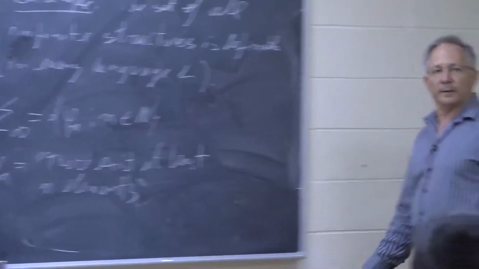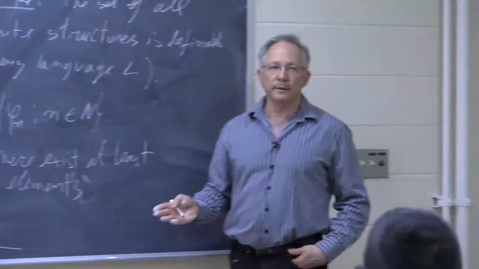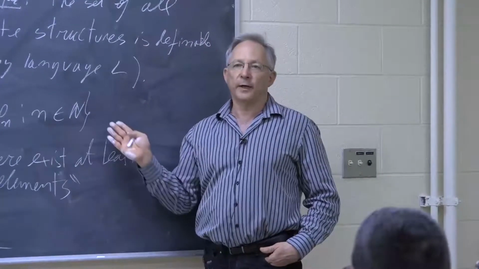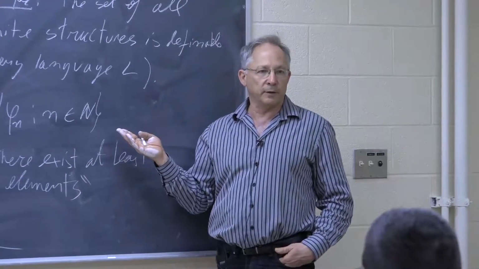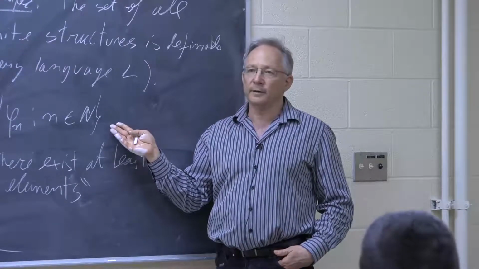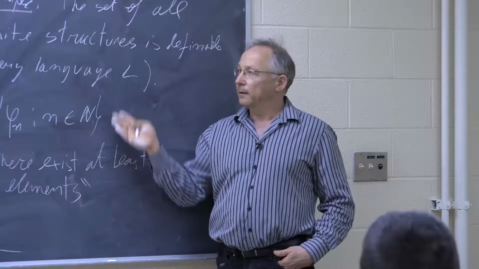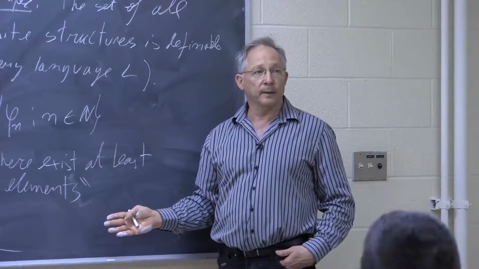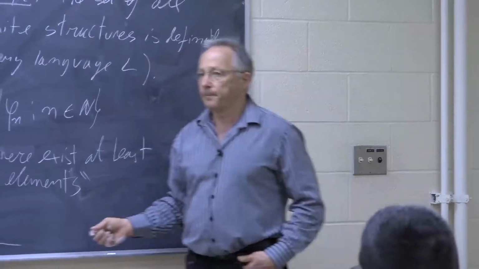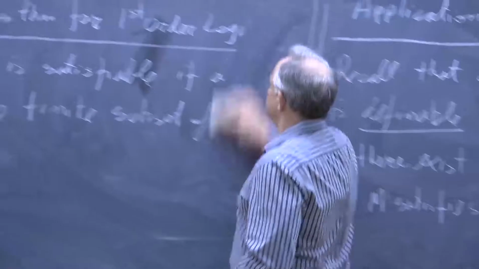There exist x1, x2, up to xn, so that all of them are different. So if we take a set of formulas that for every n says there exist at least n elements, a structure will satisfy it if and only if the structure is infinite. So that's a set of sentences that defines the family of all infinite structures. We talked about it last time. But now I want to show you an example of something which is not definable.